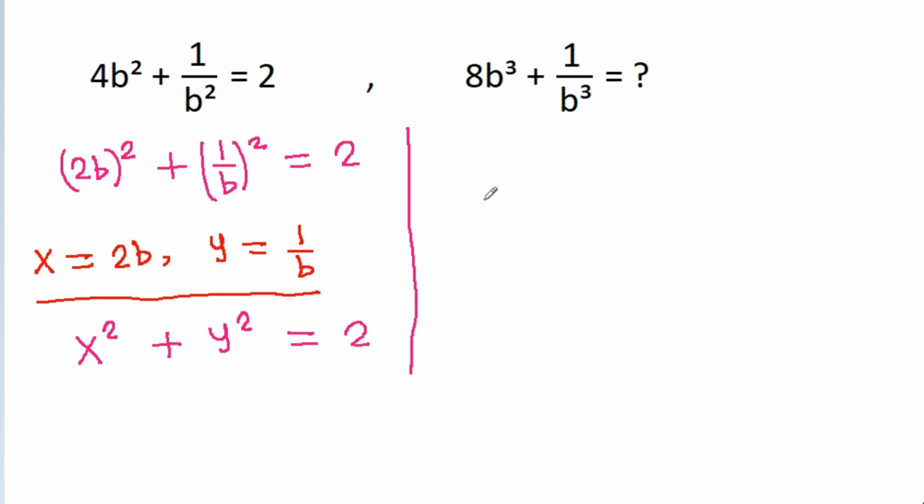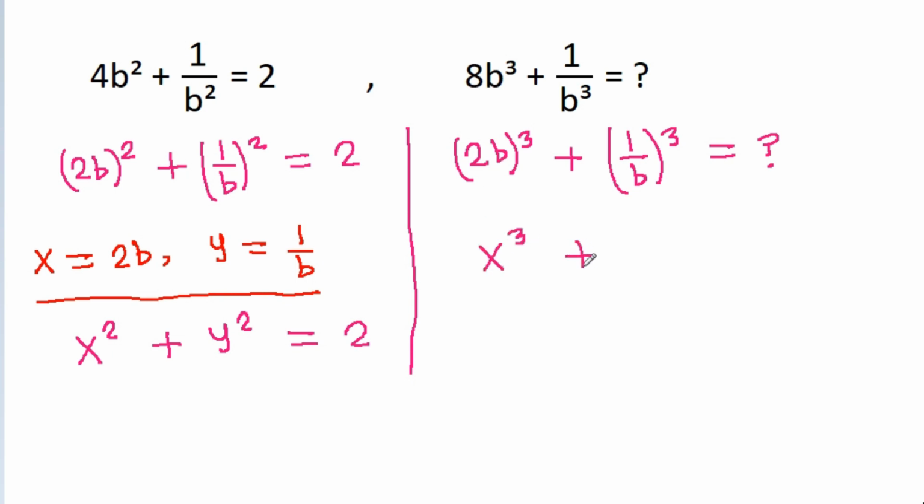And we have to find the value of 8b³ + 1/b³. So 8b³ is (2b)³, plus 1/b³ is (1/b)³, and that is x³ + y³.